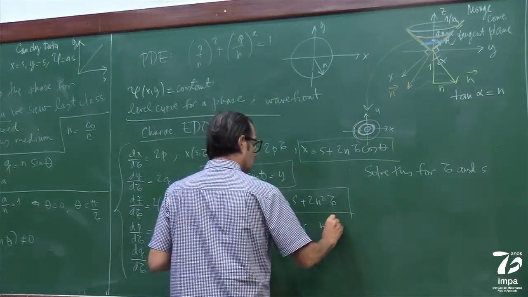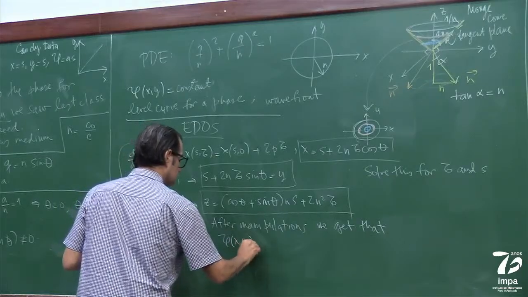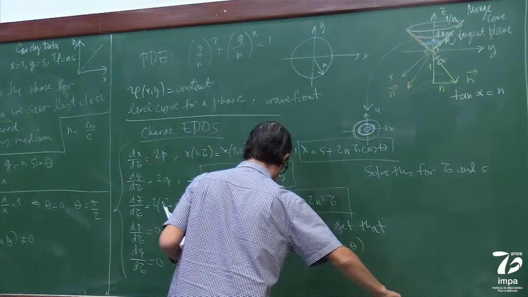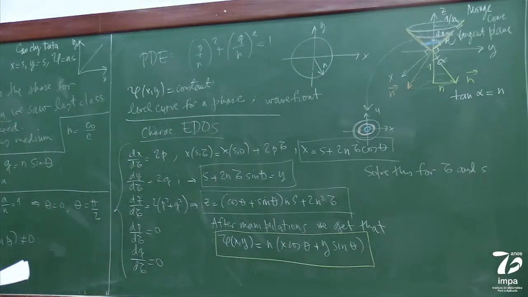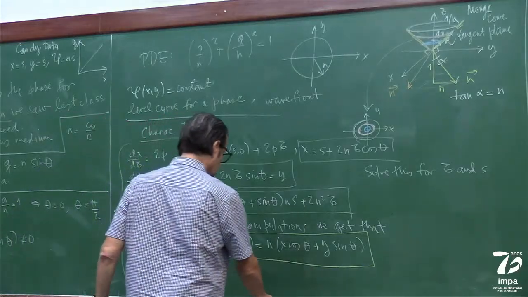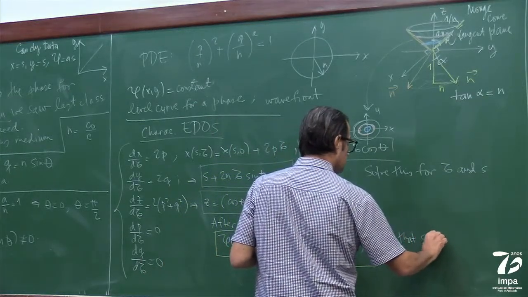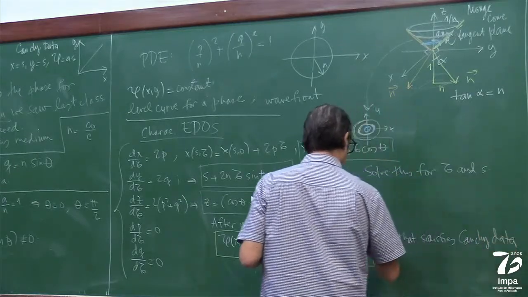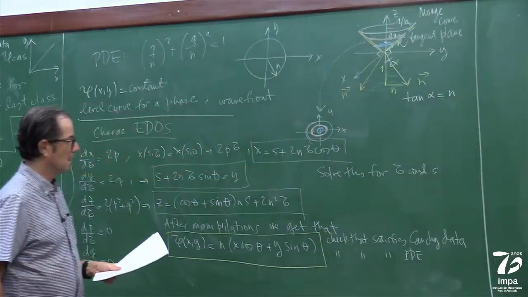After manipulations, we get that... Sometimes it's good to check that you didn't make any mistake: check that it satisfies the Cauchy data, and check that it satisfies the PDE, the eikonal equation.